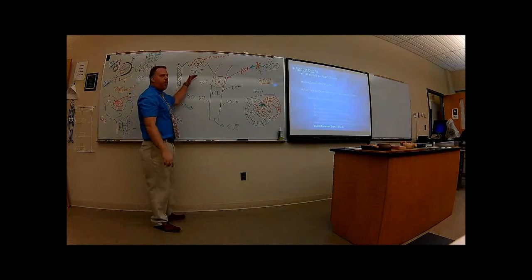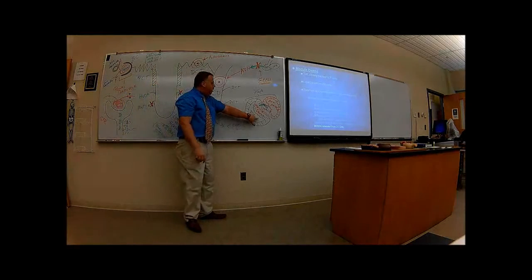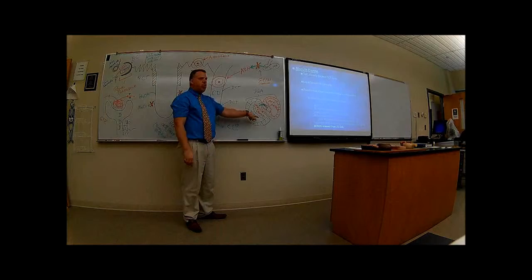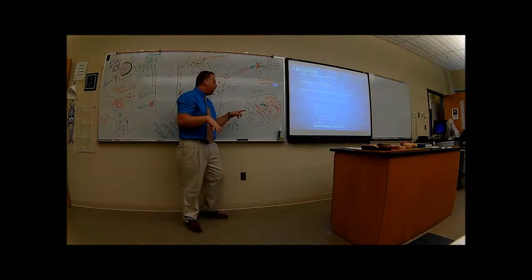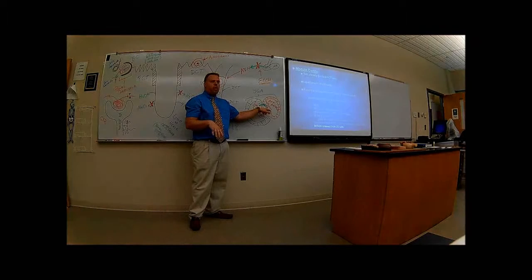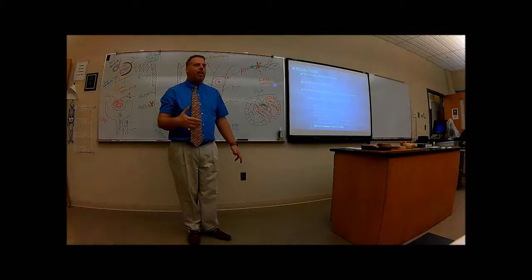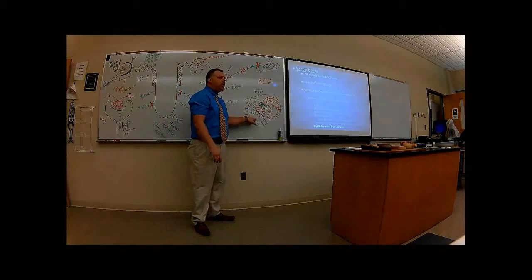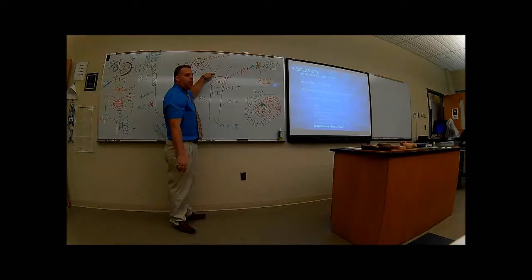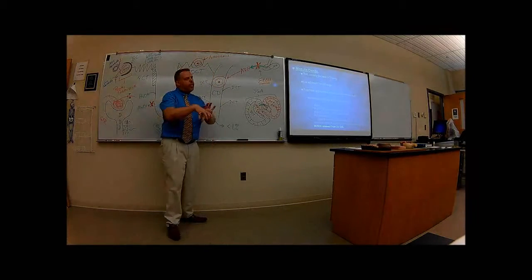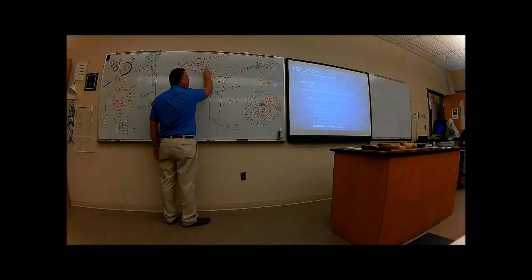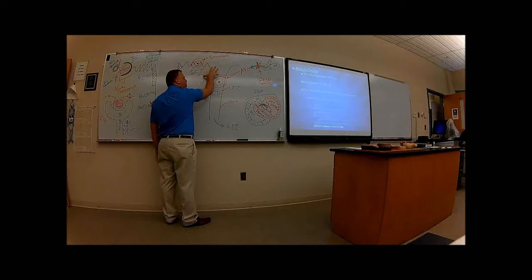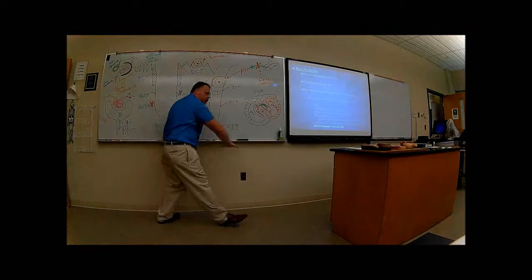So now the macula densa says, whoa, you got a lot of sodium in there. We're not going to tell the JG cells to increase blood pressure. All right? So what happens here is that as sodium goes in here, water is going to stay in there too to keep the concentration up to par. So you're going to have a lot more sodium in here. You're going to have a lot more water in here. So you're going to pee a lot.